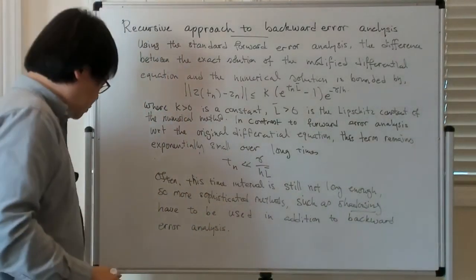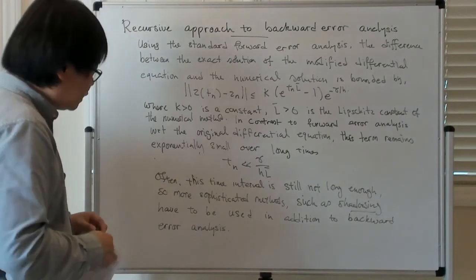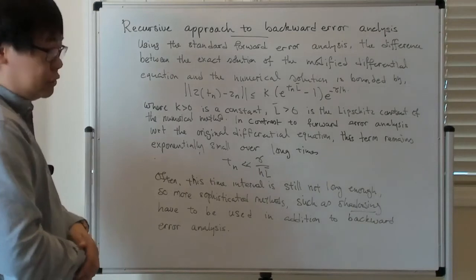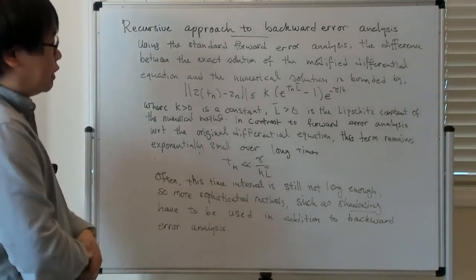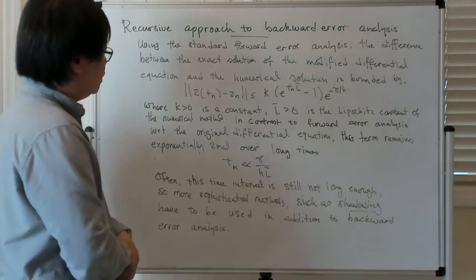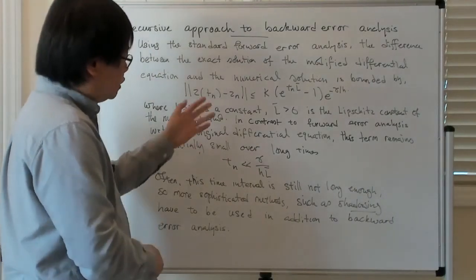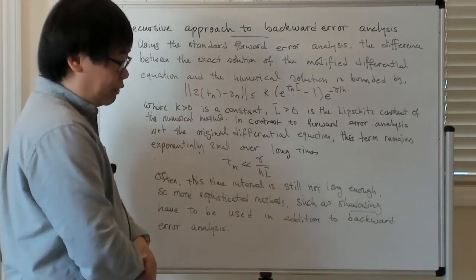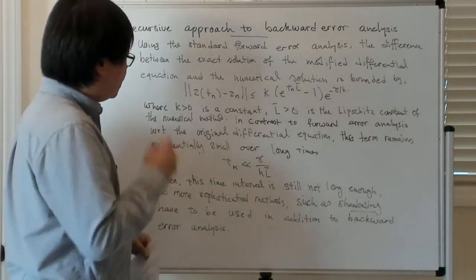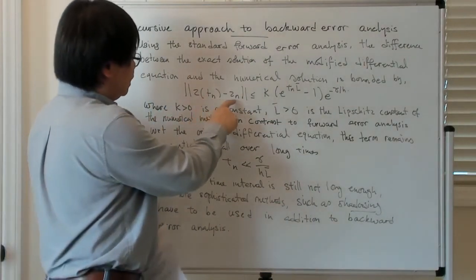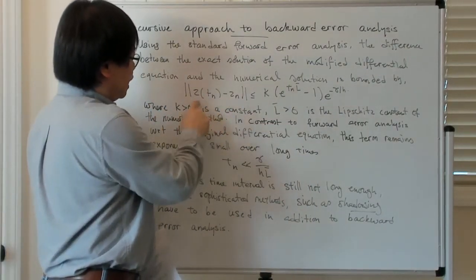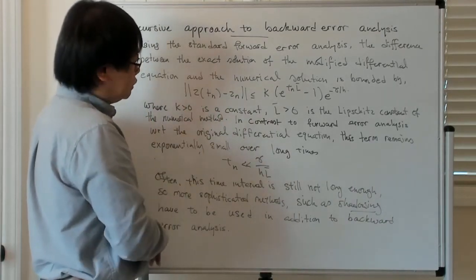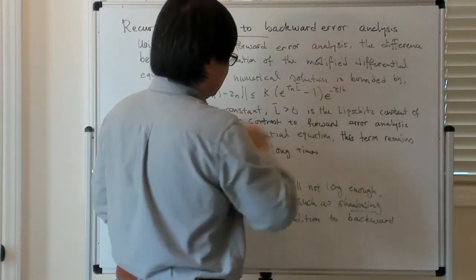All right, so again, to recap, what this result is basically saying is that if you do this optimal truncation of the modified vector field, then the error between the numerical method and the exact flow of that optimally truncated modified vector field is going to be given by this expression.